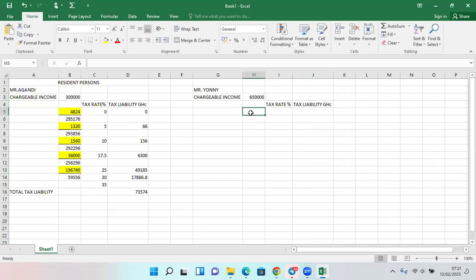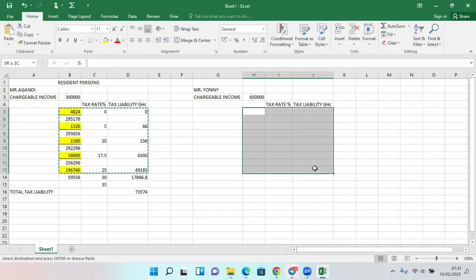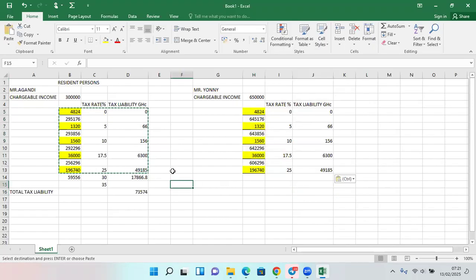So we can do up to here because this one was 300. So we can do the same thing and copy it up to here. We can copy everything. I've copied everything.